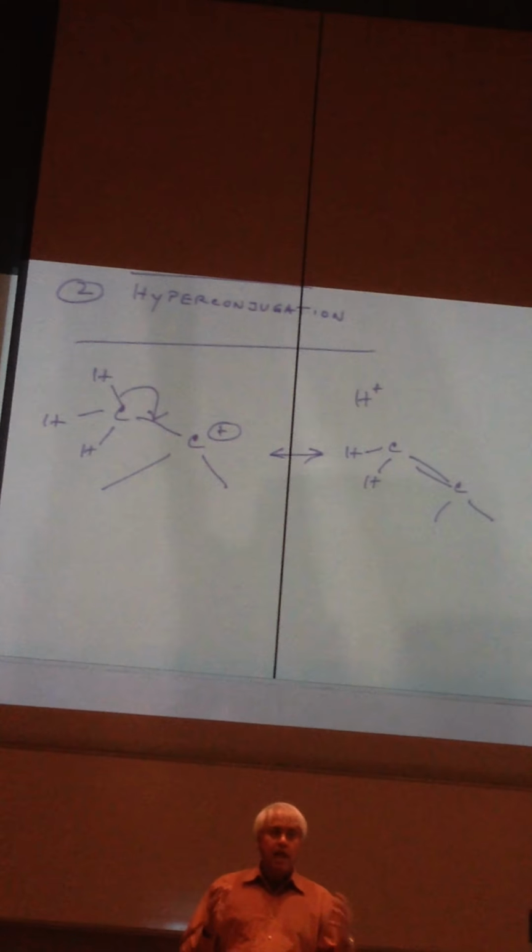So each hydrogen contributes to some extent, stabilizing or moving the positive charge away from the carbon, making it a little more stable. And that process is essentially a combined effect.